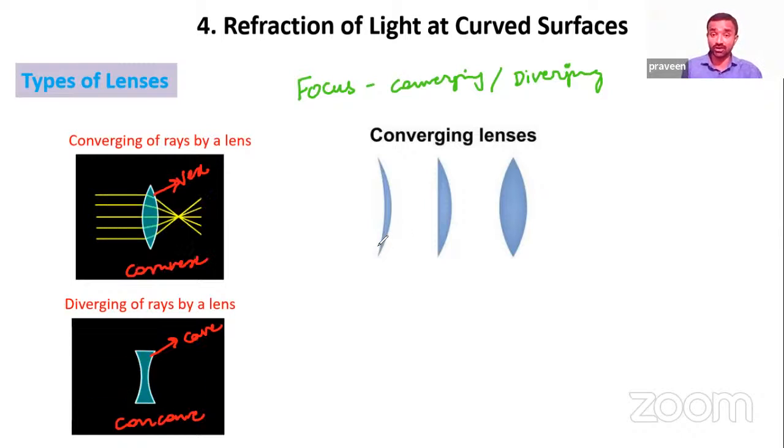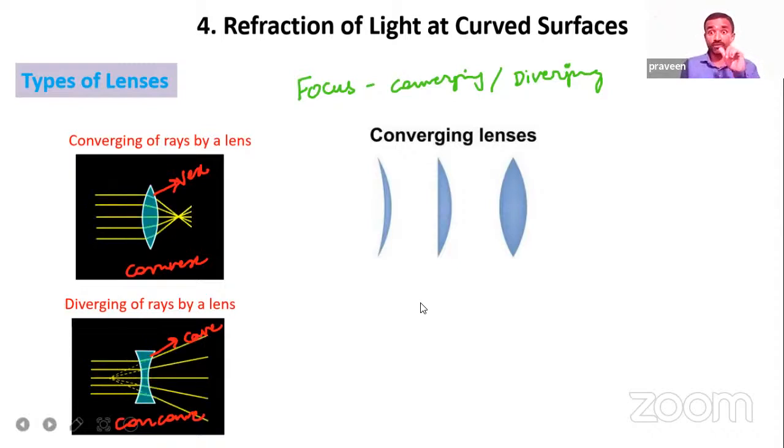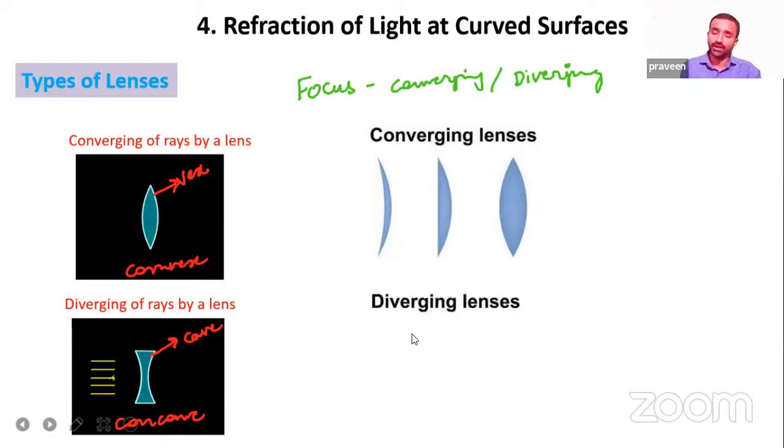Based on that logic, I am able to classify the lenses with diverging behavior. Right side is a concave surface. So they are plano concave, convexo concave, and double concave. These are simply given as diverging lenses.